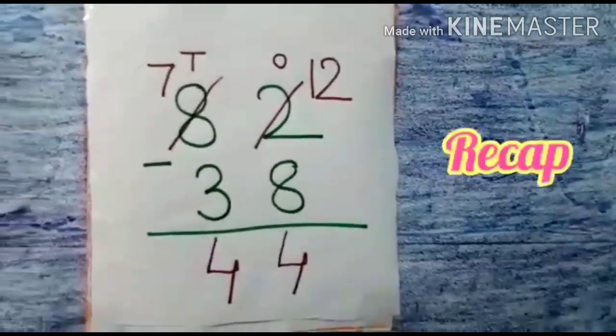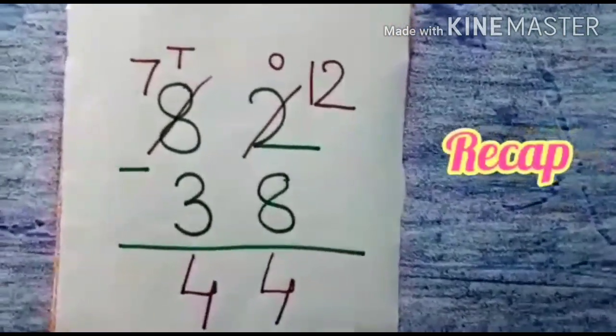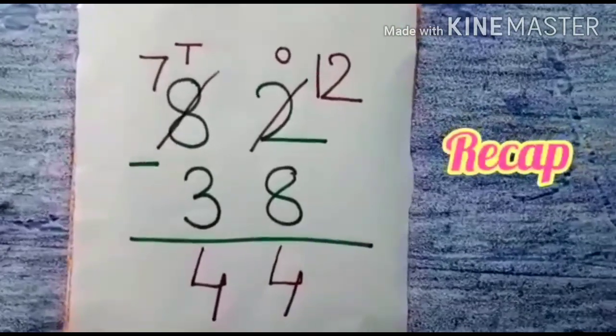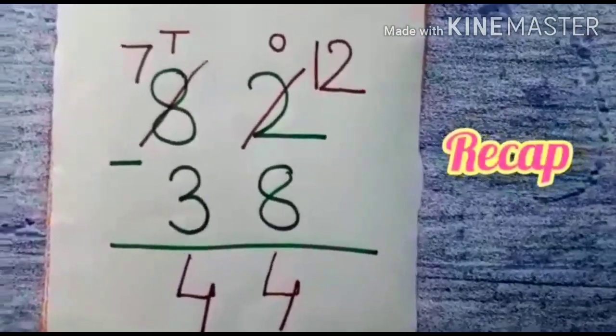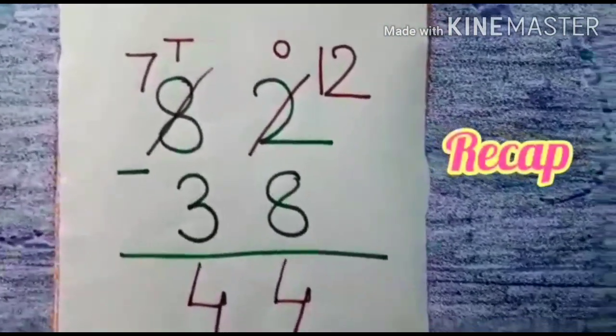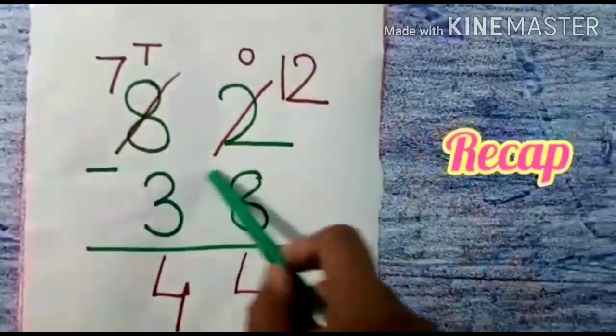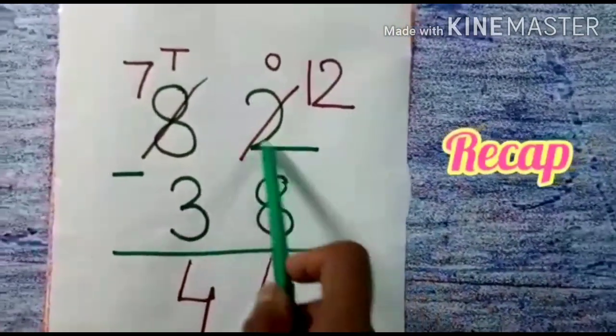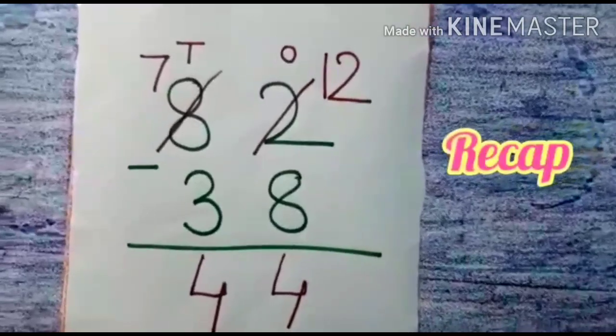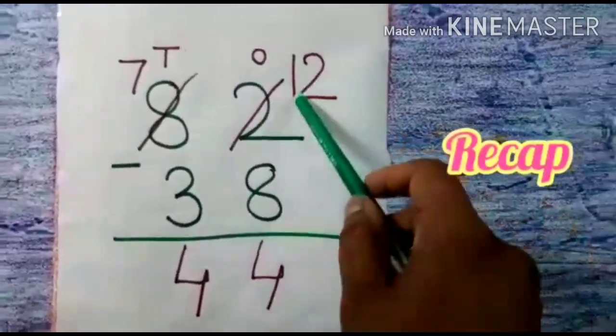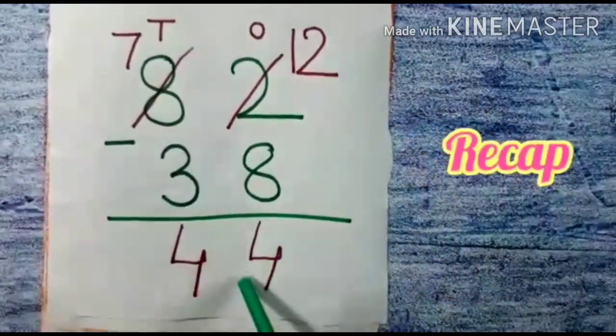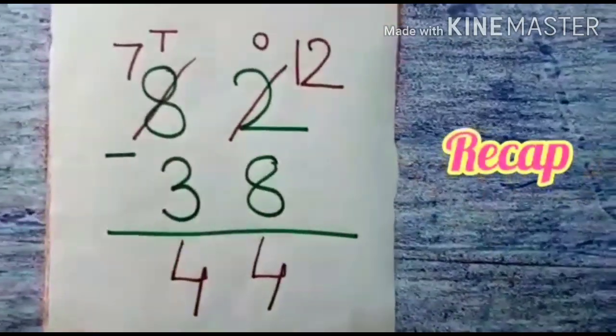So let us try to recap what we have learned today. What we have learned, that when we subtract a number from another number, always we write the bigger number above and below we write the smaller number. And then we start the subtraction from the ones digit number.